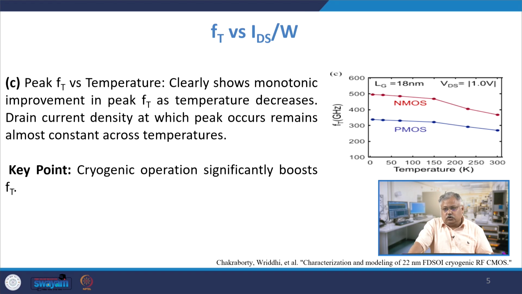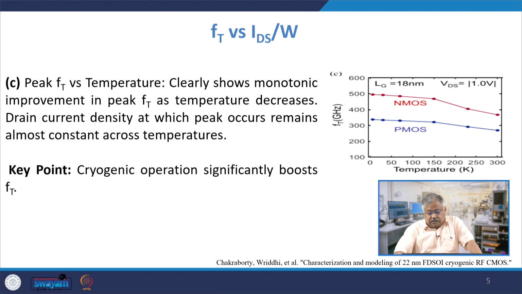The currents are also not reducing in any way, and therefore your NMOS and PMOS are giving you a higher value as the temperature goes on decreasing. Again, as you can see here, NMOS has a much larger value as compared to PMOS. Point to be noted therefore, that cryogenic improves the frequency dependent terms which are available to us in case of a device.